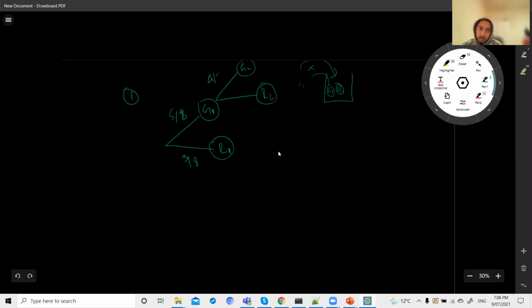So green is 4 by 7, and in terms of red, this will be 2 by 7. This will be 3 by 7, and this will be 5 by 7, right?